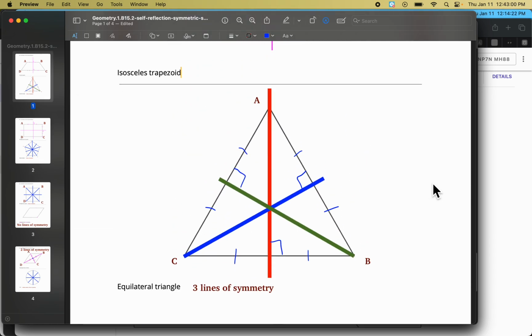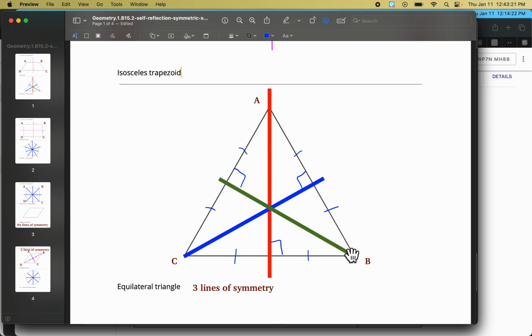And then we went on to the triangle. Now the triangle has three lines of symmetry. The obvious one is straight up and down. But also if we rotated our triangle around and put C at the top, this would be straight up and down, right? Notice that it goes from A down to a point that's halfway between B and C. Same thing here, right?